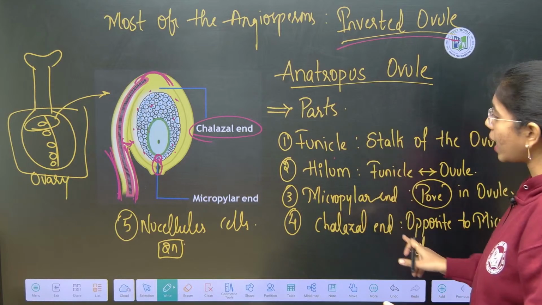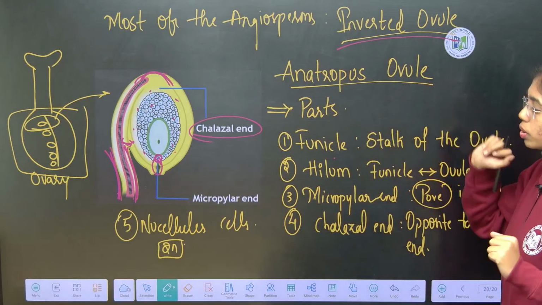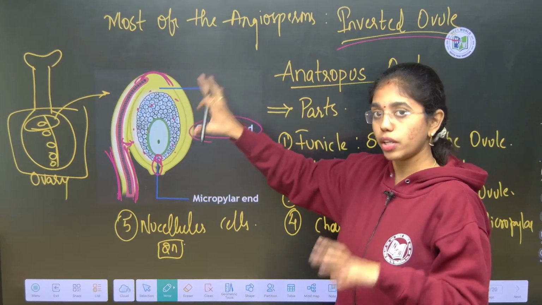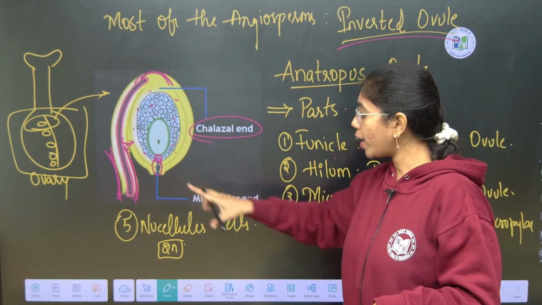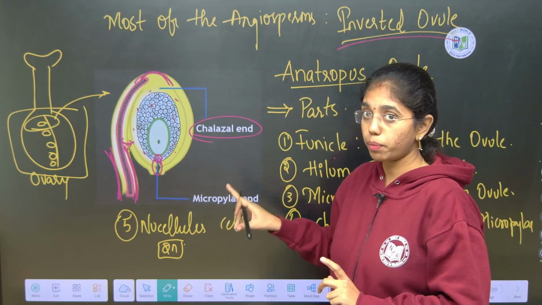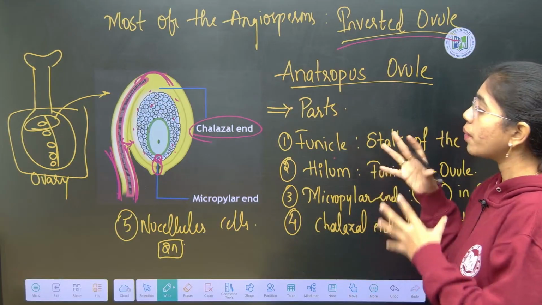Next is the micropylar end, the pore present in the ovule, and the chalazal end, which is opposite to it, and lastly the nucellus cells present inside the ovule. The nucellus is diploid. This is the complete structural description of the ovule.